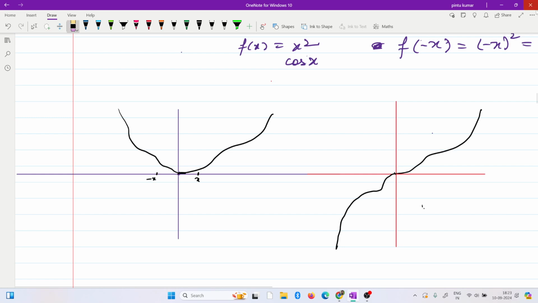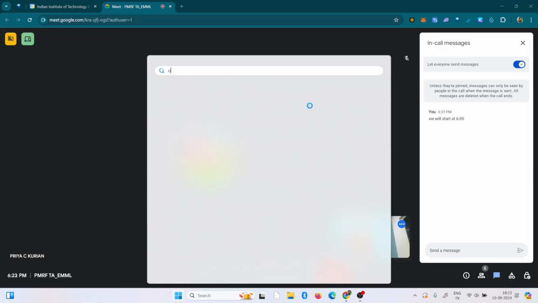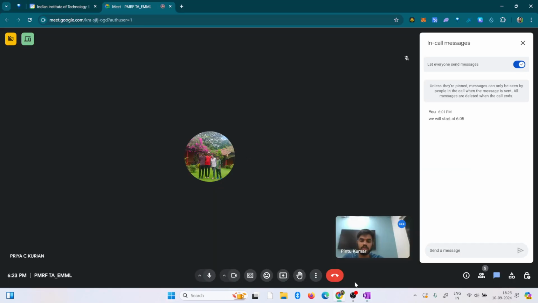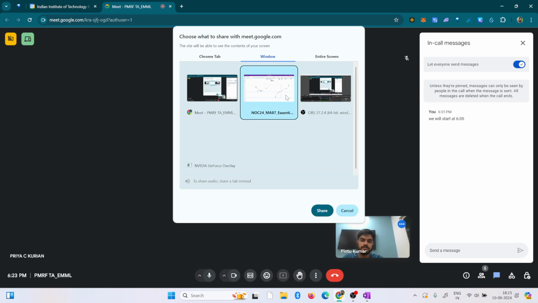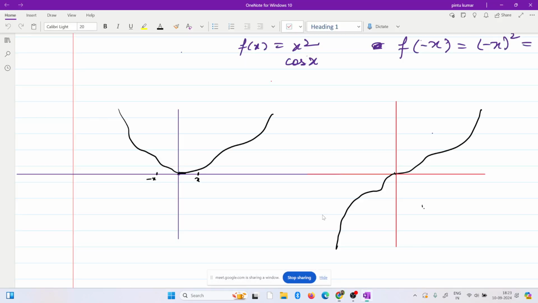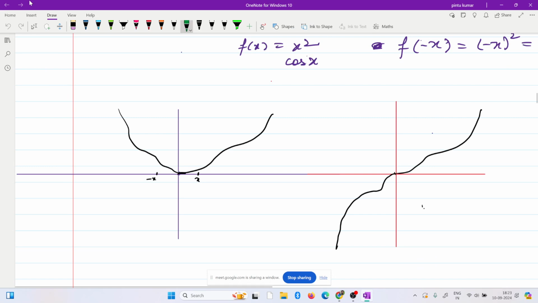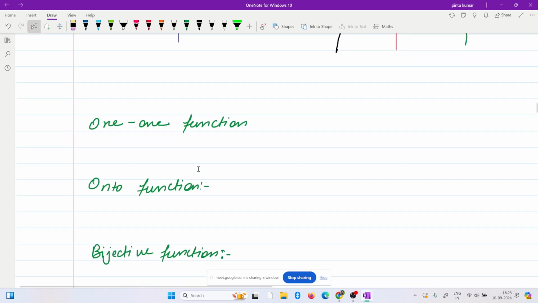I'll just restart this OneNote. It is causing some error. I'll share the screen again. It's like taking its mirror image first along the x-axis and then again along the y-axis. So this is how your odd function would look if you plot it on a graph.